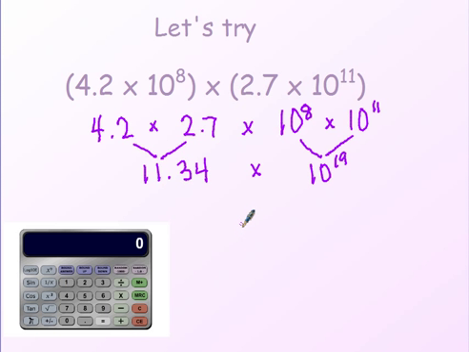It's not in appropriate scientific notation form though, so we do have to adjust just a little bit. I'm going to need to move my decimal to the left, and I get 1.134 times 10 to the 20th power, since moving my decimal to the left adds to my exponent.